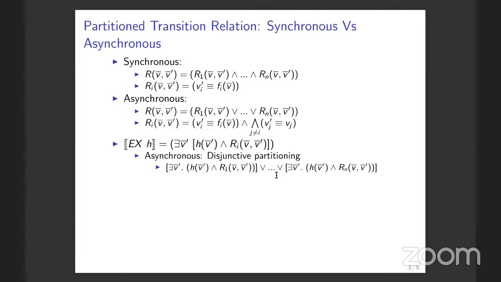And this might be better than constructing that one, especially if the individual transition relation is smaller and the result of doing this disjunction itself doesn't blow up. That is the idea. For the asynchronous case, because it uses the disjunction, it is easy to do it.